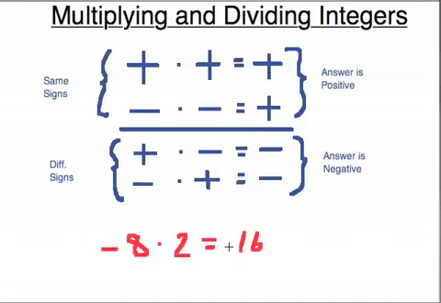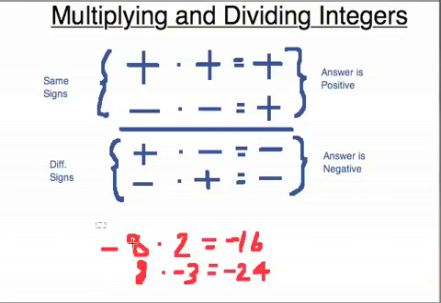That's down here. The answer is going to be negative. Pretty simple. Okay. How about positive 8 times negative 3? First of all, 8 times 3 is 24, but a positive times a negative is a negative, so this is going to be negative also.